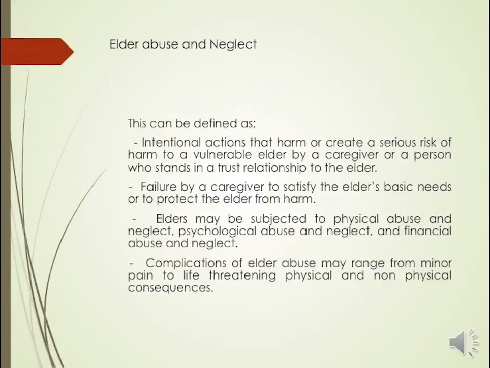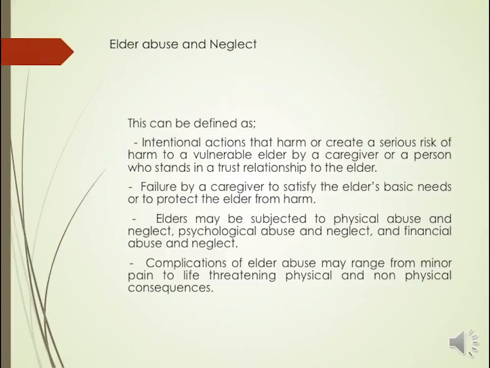Another type of person that is affected by domestic violence is the elders. Elder abuse or neglect can be defined as intentional actions that harm or create a serious risk of harm to a vulnerable elder by a caregiver or a person who stands in a trust relationship to the elder.